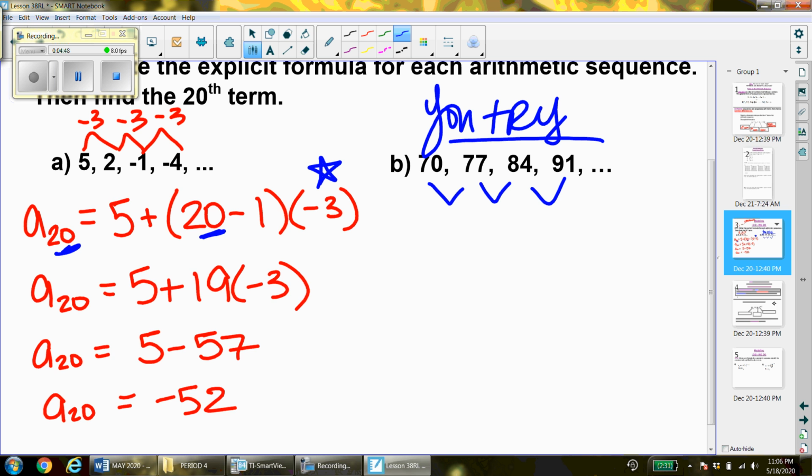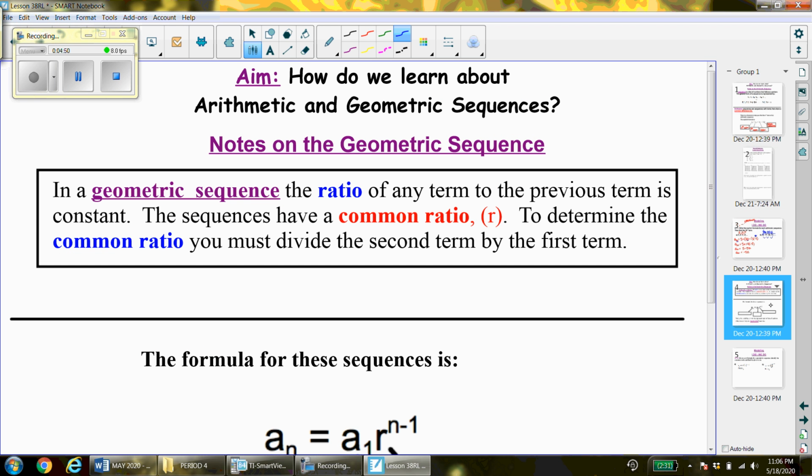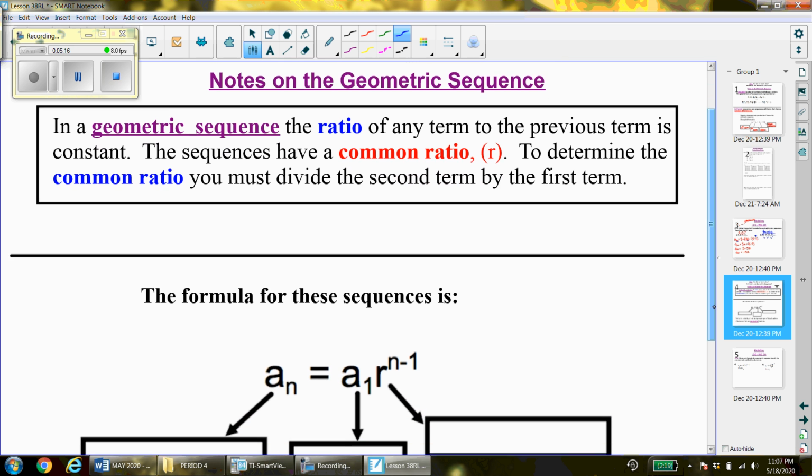So now I'm going to move on to something that we call a geometric sequence. In a geometric sequence, the ratio of any term to the previous term is constant. Ratio also describes division. The sequences have a common ratio. To determine the common ratio, you must divide the second term by the first term.